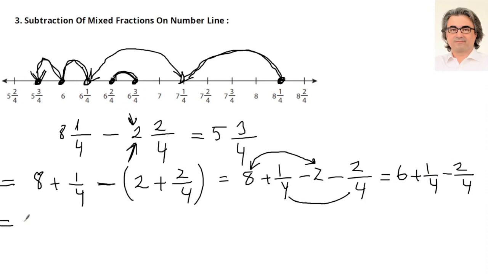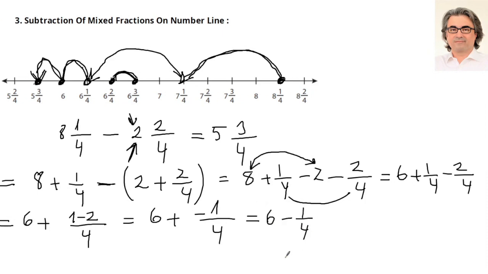So I may continue like this. 6 plus 1 minus 2 over 4. It means 6 plus minus 1 over 4, because 1 minus 2 is minus 1. After that, plus minus becomes minus: 6 minus 1 over 4.